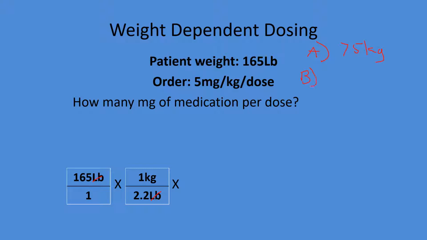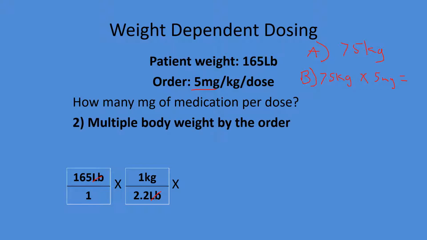So in step B, we take that 75 kgs, and how much is ordered per kg? 5 milligrams. So we multiply by the order. So how much drug do we need in a day? Yeah, that's right.